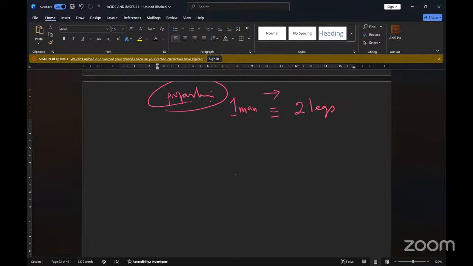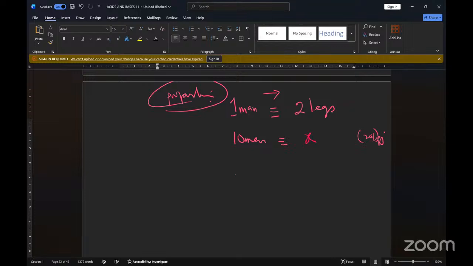So one man has 2 legs, so 10 men we know will have 20 legs. But how do we get this? You can cross multiply. If one man has 2 legs, 10 men will have 20 legs. Let's prove it.